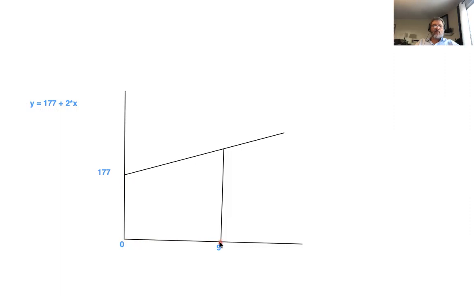The only thing that we don't know is the length of this other base. But because the base's length is going to be given by the height of the function at 9, we can just put 9 into this equation and calculate the height at that point up there.